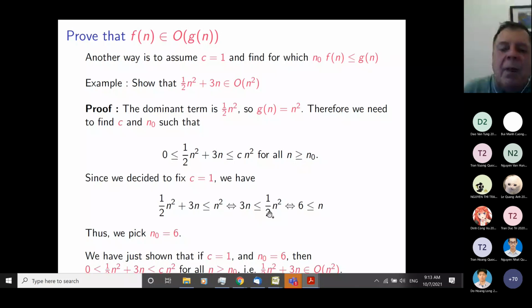And I now just need to guess for which value of n this expression is going to be smaller than this one. 3n is going to be smaller than 1 over 2 n squared.